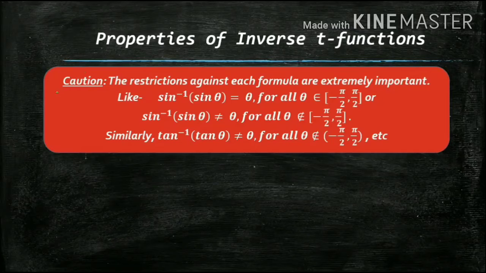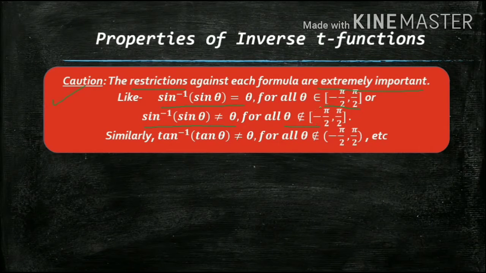Now an important caution again. The restrictions against each formula are extremely important. The restrictions given here mean that sine inverse of sine theta equals theta for all theta in the closed interval minus pi by 2 comma pi by 2. So this can be written like this as well: sine inverse sine theta is not equal to theta for theta that does not belong to this.